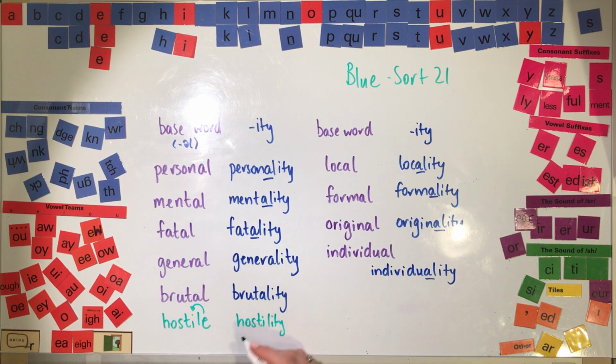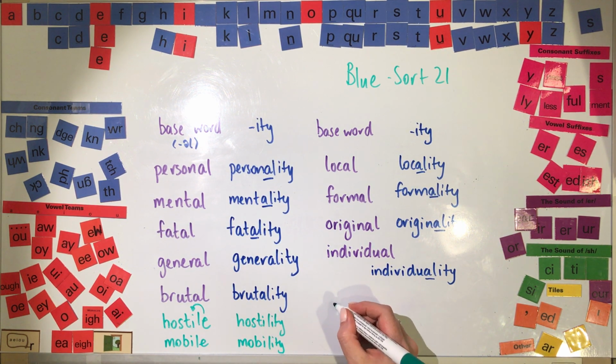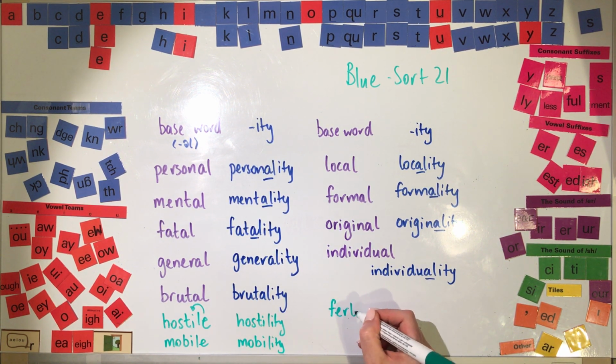Okay, then we've got mobile. In America, they say mobile, mobile phone. We say mobile. And then we've got mobility. And this belongs in the same, but I'll just do it here because I don't have room. Fertile. You can have fertile soil or a fertile person or a fertile animal, meaning they're ready to produce something, a baby or plants.